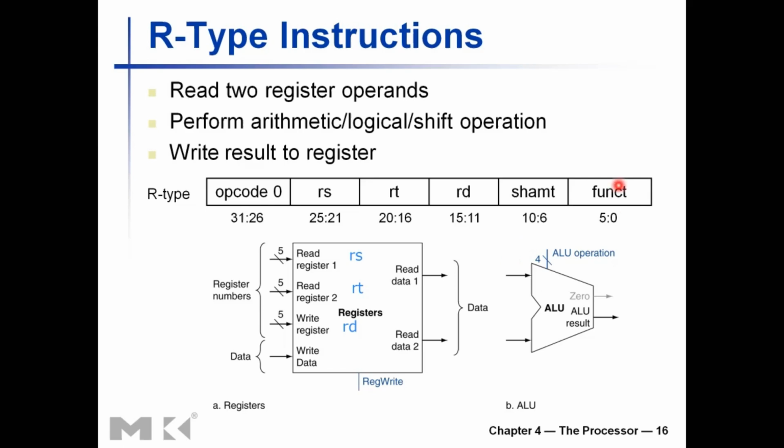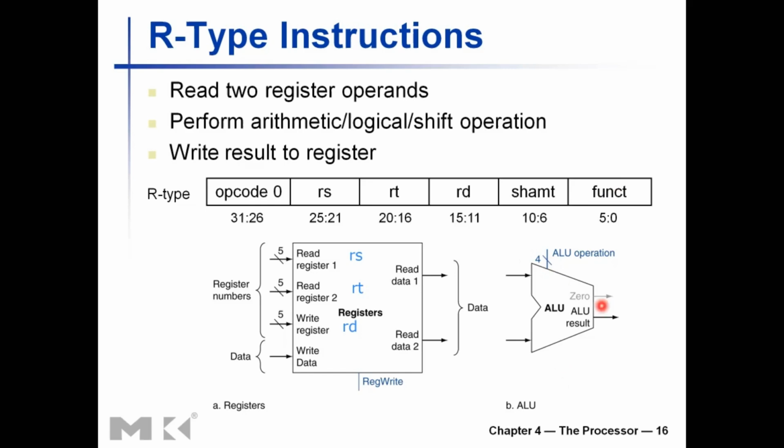But you can have 2 to the power 6 different R-type instructions. Some of those instructions may be using the same functional unit. The shifting, for example, you can have different types of shifts, but using the same shifting unit. Arithmetic shift, logic shift, you can implement using the same shifting unit.